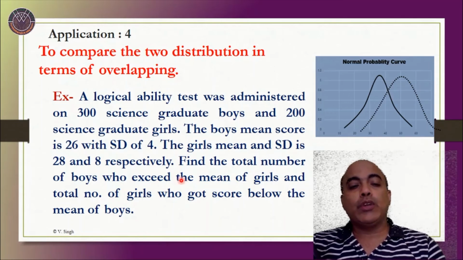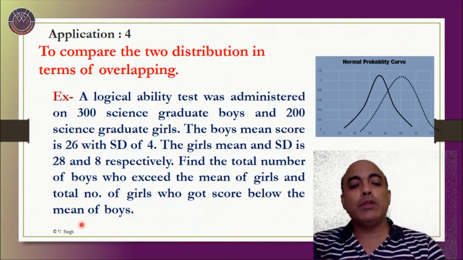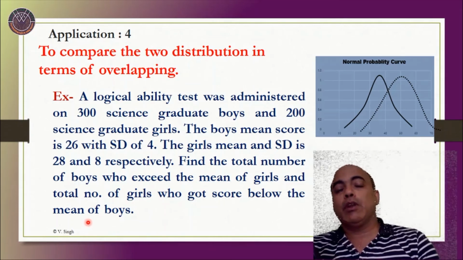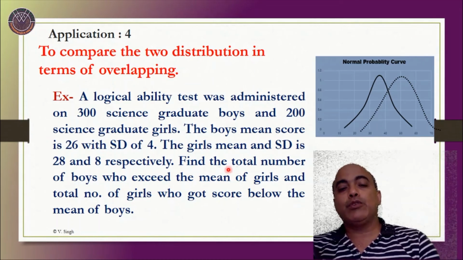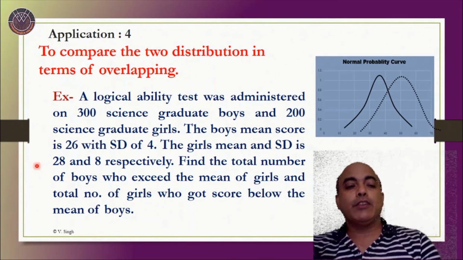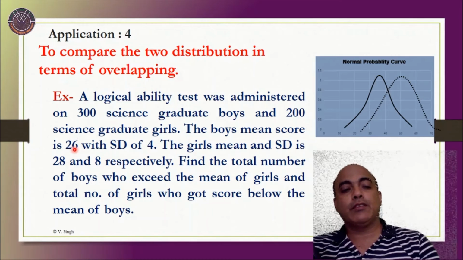Find the total number of boys who exceed the mean of girls and the total number of girls who got a score below the mean of boys. So we have two problems within this problem. First is to get the number of boys who exceed the mean of girls, that is 28, and the total number of girls who got a score below the mean of boys, that is below the mean of 26 of boys.